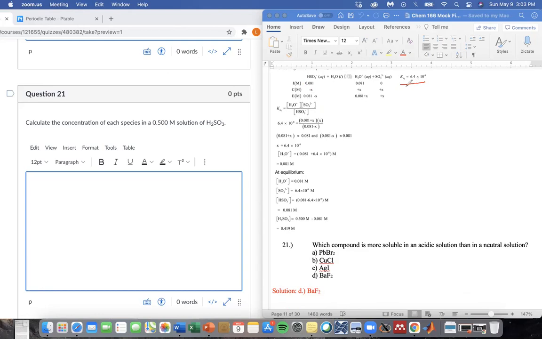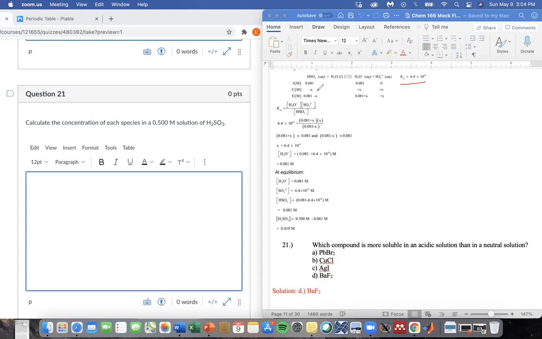But because this Ka is so small, it's going to produce such a small amount of additional SO3 2- that it's almost negligible how much you're going to have in the solution. The actual X value is going to be 6.4 times 10 to the negative 8, which is also your Ka2.